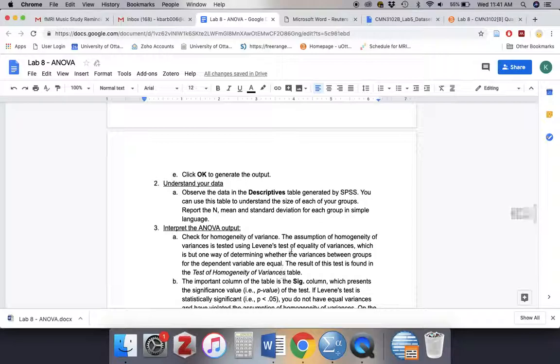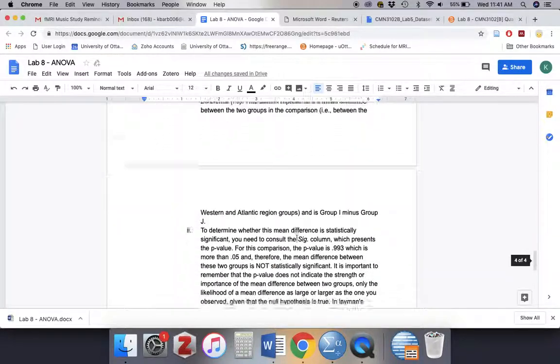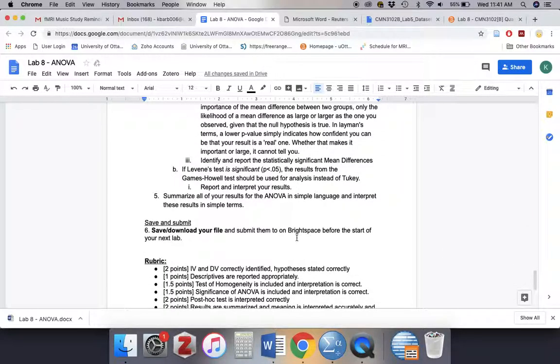So we've actually gone through everything here. All that is really left is for you to summarize all of these results, okay? So, the result for the ANOVA, were there differences between the groups, yes or no? What does that mean for your null and alternative hypothesis?